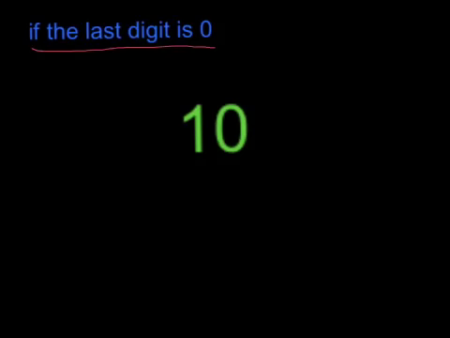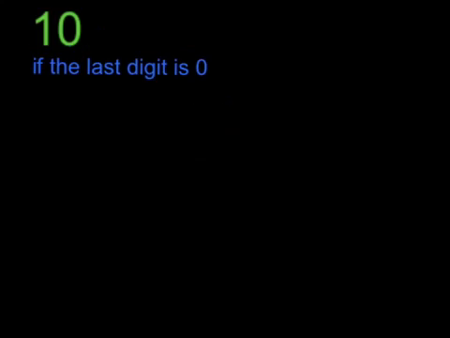Here's the divisibility rule for 10. If the last digit of the number is 0, then the number is divisible by 10. Let's try an example. 200. If our number is 200, is this number divisible by 10? Well, let's look at the last digit.